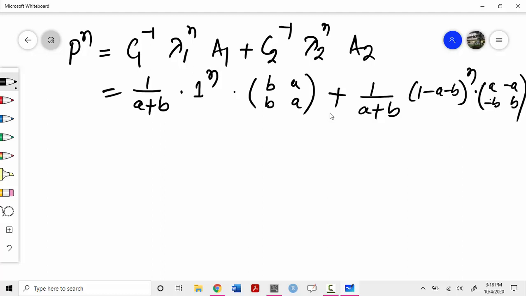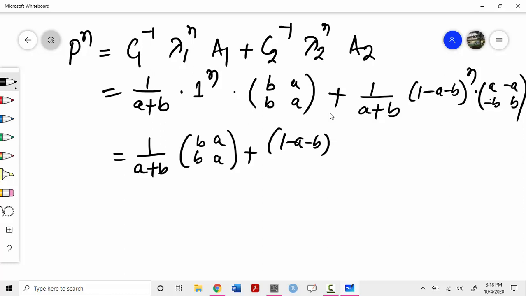So this is equal to 1 by a plus b into b a, b a, plus (1 minus a minus b) to the power n divided by a plus b into a, minus a, minus b, b.